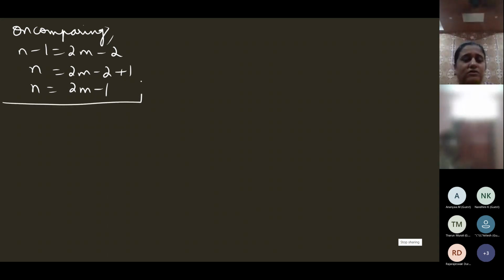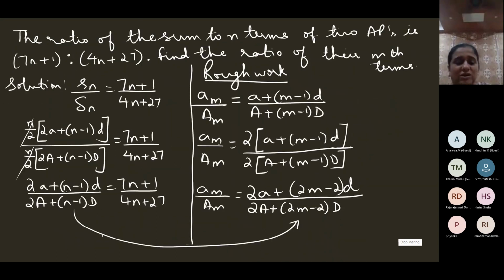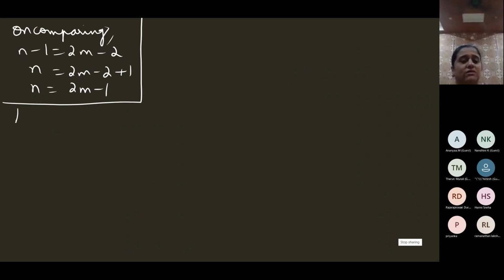Now this is the rough work. We finished. Now we are continuing after this. We are here. So after this, let n be equal to 2m minus 1.